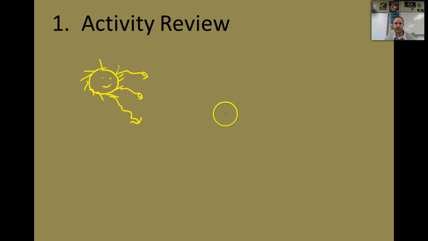So if I draw Earth right here, the Earth has different parts to it. There is basically the top part, which is going to be called the poles. There's a North Pole and a South Pole. And then going across the middle, we have that imaginary line, which is called the equator.